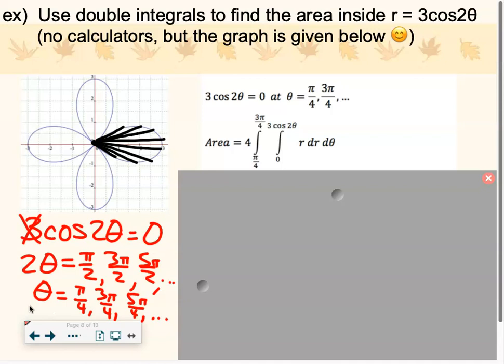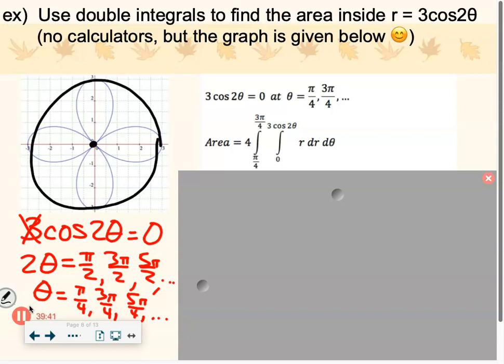The r boundaries, 0 to 3? Because 0 to 3 would be a constant r equals 0 to a constant r equals 3. We don't want r to be a constant of 3. We want r to go out to this function, right? Remember, these are the values you're plugging in.